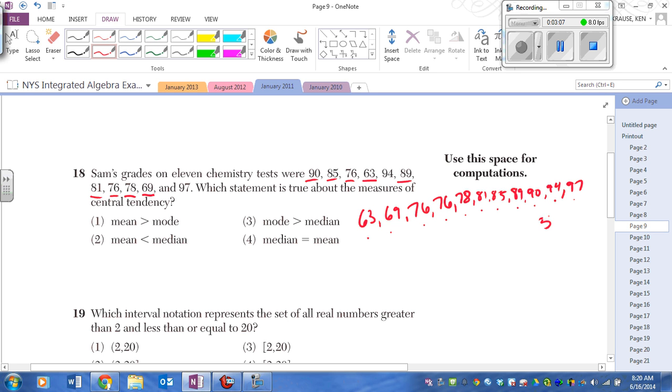That means I could put a group of 5 here, a group of 5 here, and the 6th number is the median. Oh, this is the 6th number, 81. Okay, so this is the median. So anyway, I see median at 81, and the mode was 76.